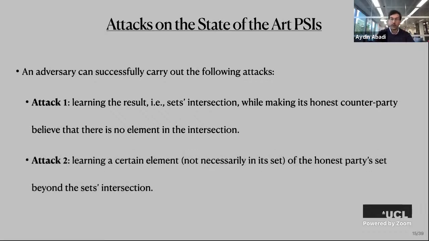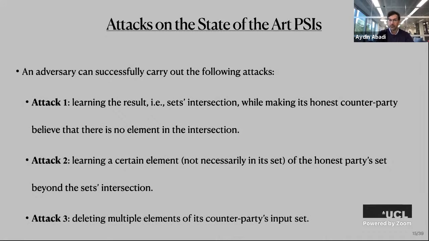In attack 2, the adversary can learn an element about the victim's set beyond the intersection. And in attack 3, it can delete multiple elements from its victim's input. This attack can also allow the adversary to learn multiple elements of its victim's set.